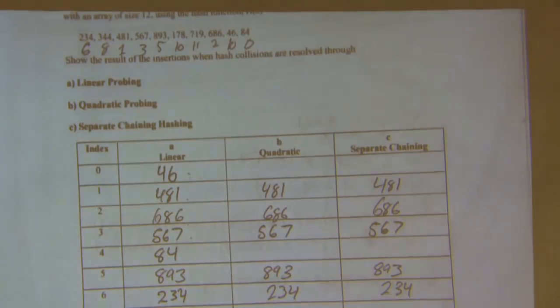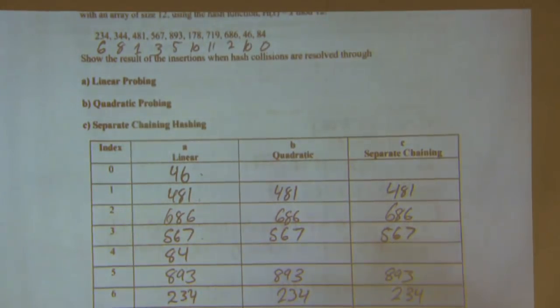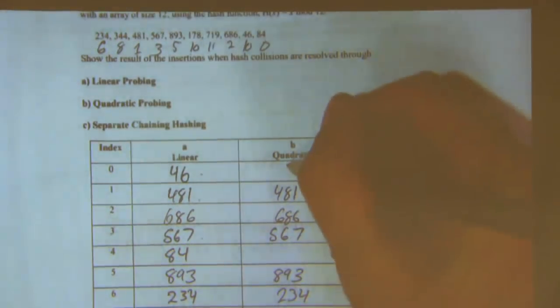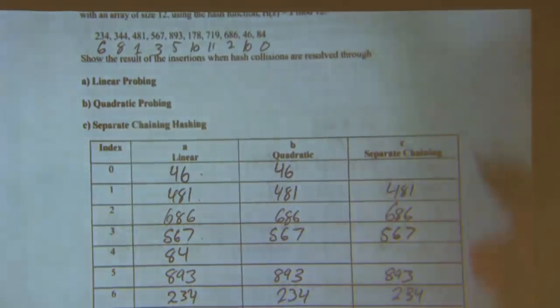We try to insert 1 position away, then 2 positions away, then 4 positions away, then 9 positions away, and so on, just going up the squares. So for this one, we do 1 and then 2, and we insert 46 here.